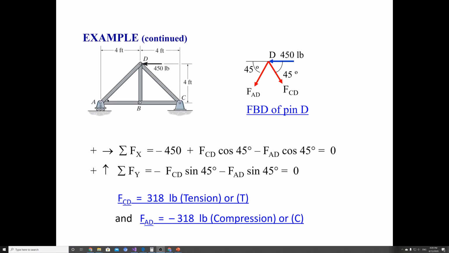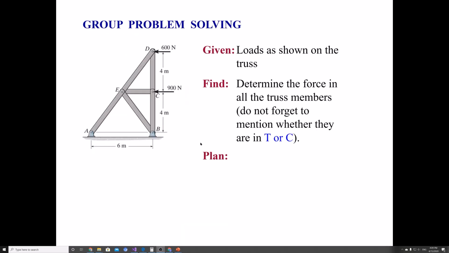What you'd recognize is that really this is just connected from here to here. So if you got the x component of AD, FAD, then you would find this is going to be equal to the x component. All right, so let's look at another problem.